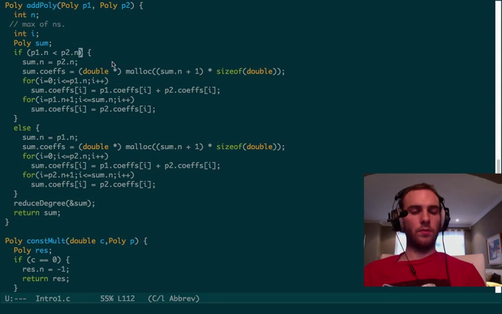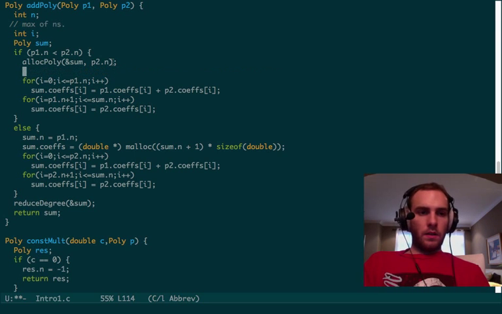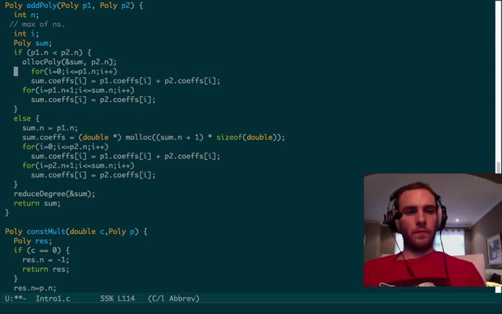So to show how that would work, you'd say, passing the address of sum, and then that degree that you want. You need that. That's the point.